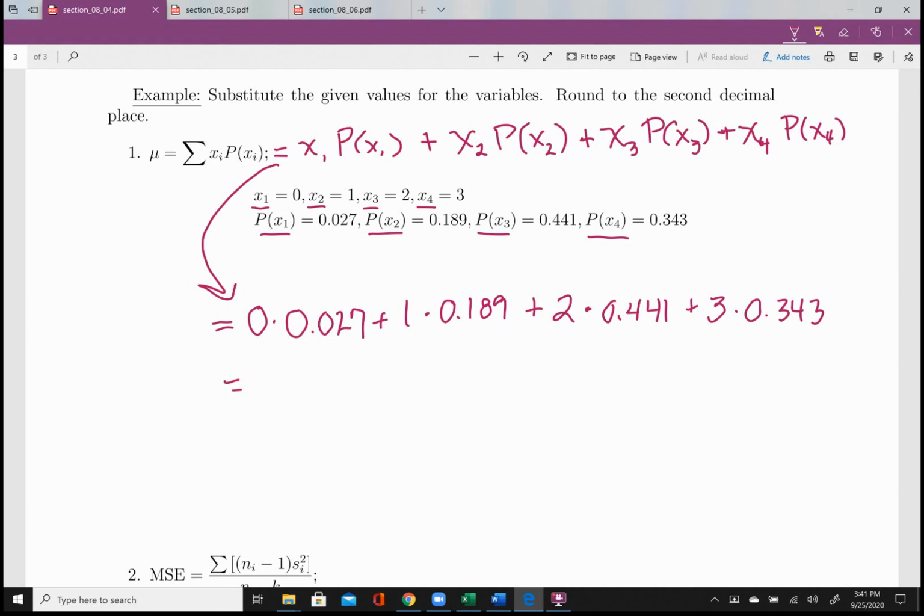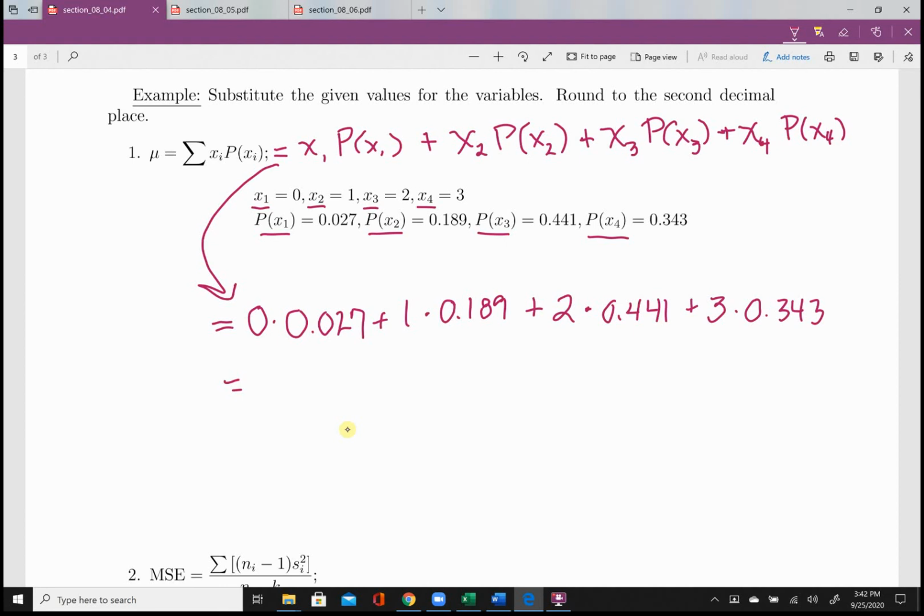So 0.343, and you get that, plus, all right, 0.1989. Okay, so I get 2.1 because, okay, so I first did this.